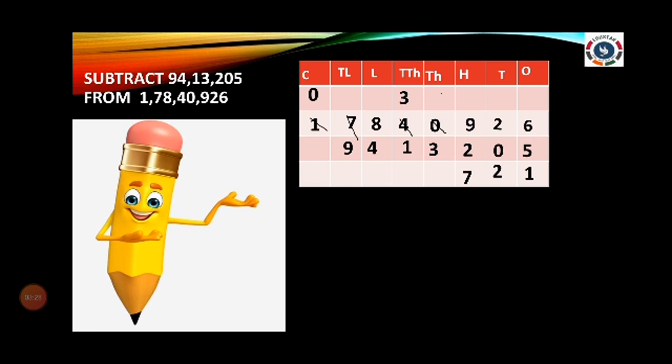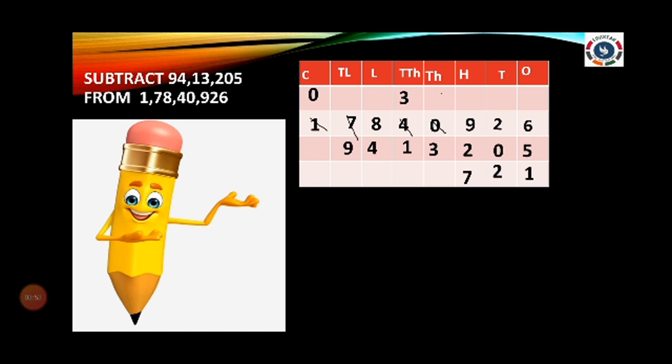Now move to the thousands place. First number 0, second number 3. Is the second number bigger or smaller? Bigger. Bigger means you should borrow. If it is smaller, you don't need to borrow, just subtract directly. But here it is bigger, so the first number borrows from the nearby number.